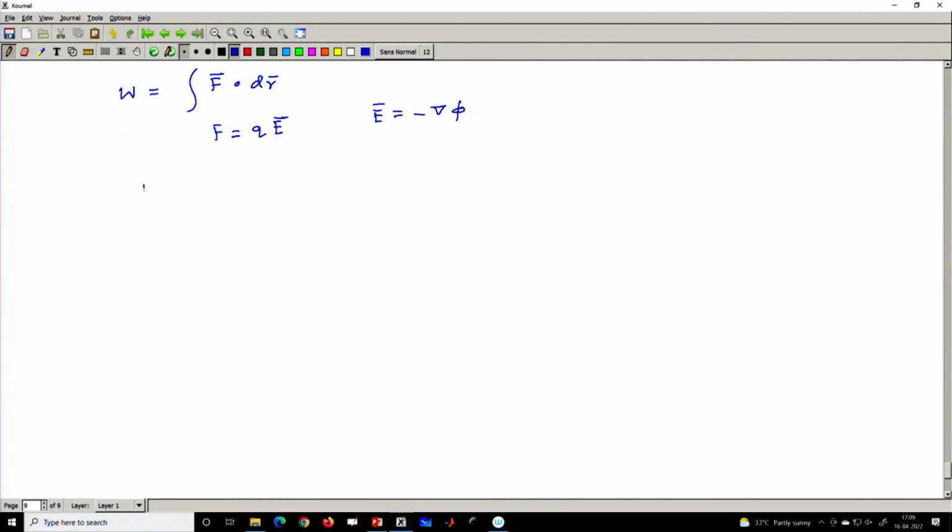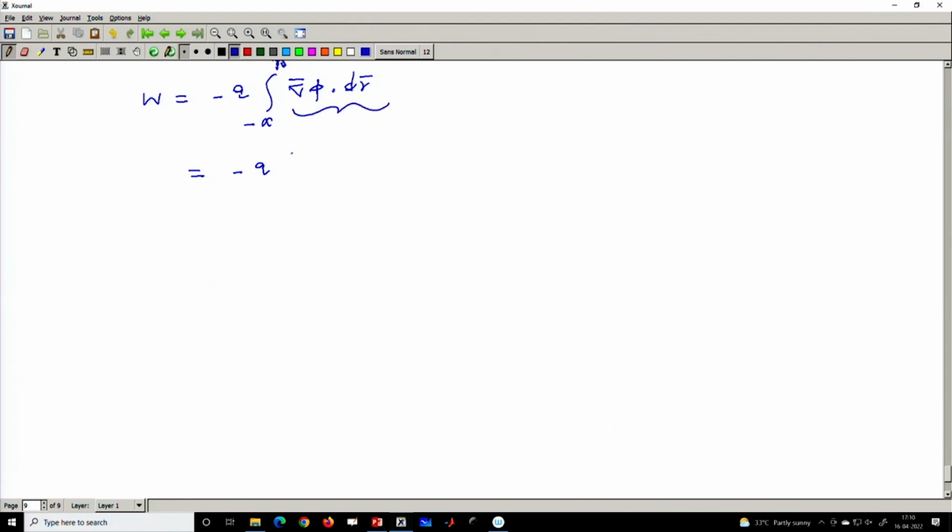So, now the work done, if I put everything together, is minus Q times the integral of gradient of phi dot dr, and I am taking the charge from infinity to some point r. That gives us minus Q times the integral from infinity to r of d phi.